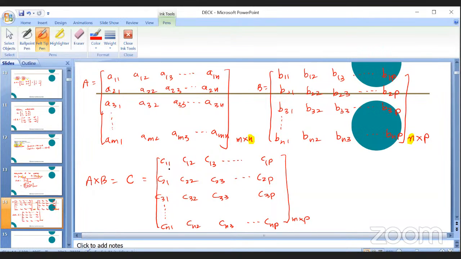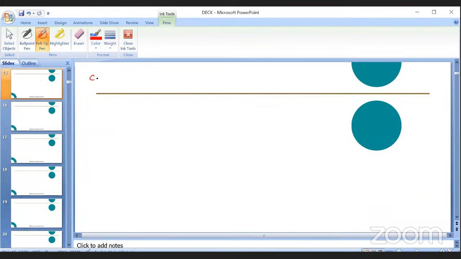But how will you get C11? How will you get C12? How will you get C13? Or how will you get C21, C22, C33? All these.